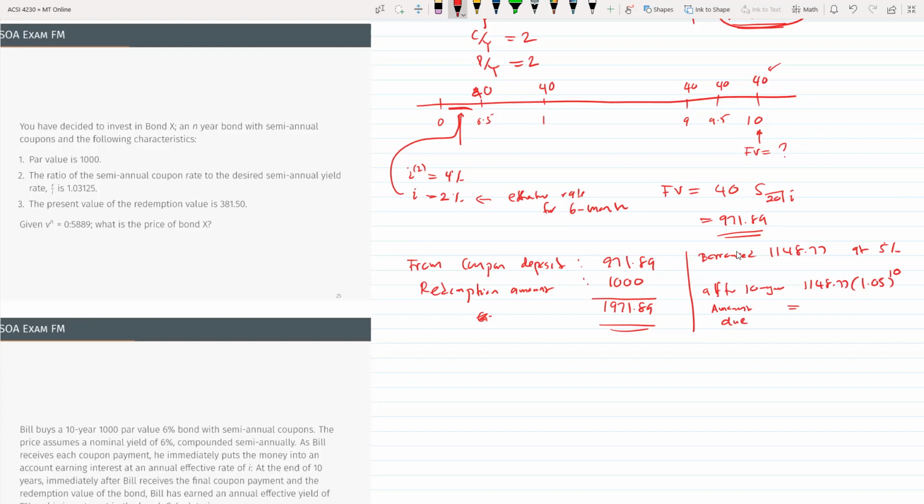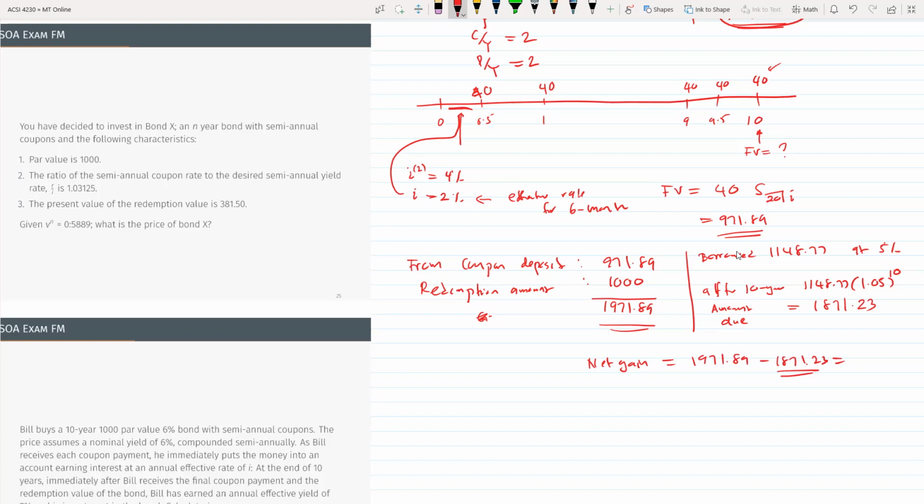So this one gave us 1,148.77 times 1.05 to the 10, and I would get 1,871.2252. So let's say 1,871.23, two decimals. Now we can say the net gain is the difference, because you have to pay back this much.